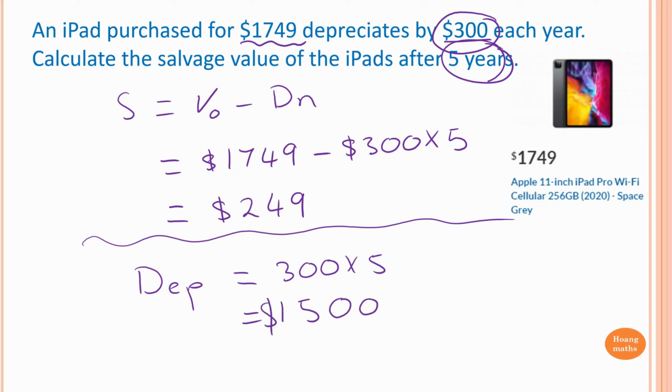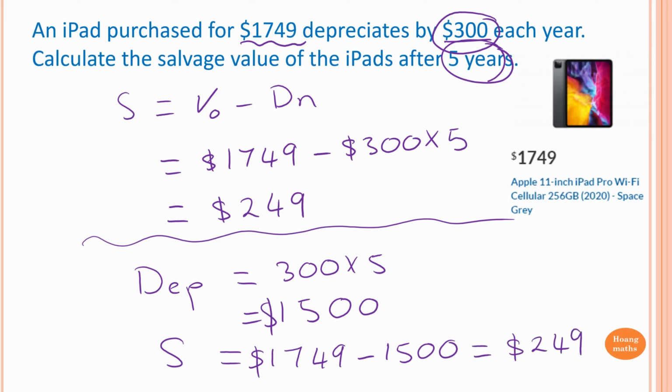So it depreciates $1,500 in 5 years. Therefore, the salvage value, that is how much it's worth, is equal to the purchase price, that is $1,749 minus $1,500. So that will give me $249.